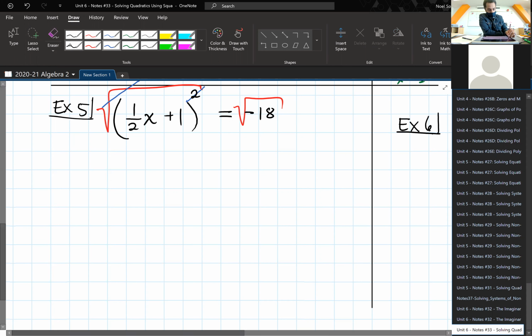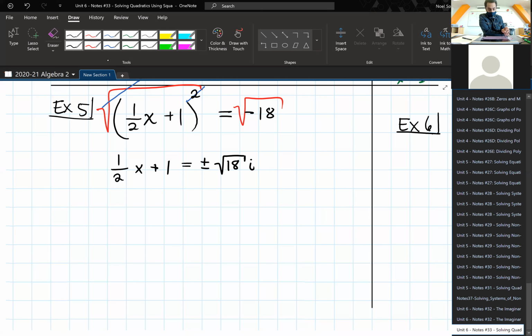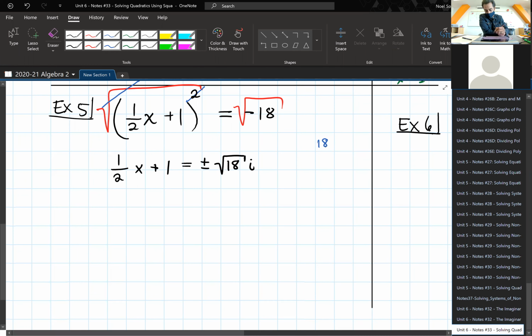Square and square root cancel. 1/2 x plus 1 comes down. And that's equal to the square root of negative 18. So it's going to be plus or minus the square root of 18i, right? 18 is a number that we can reduce or simplify using a factor tree. So we take 18.